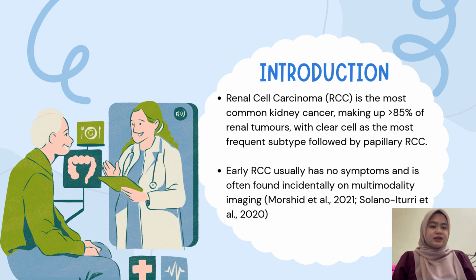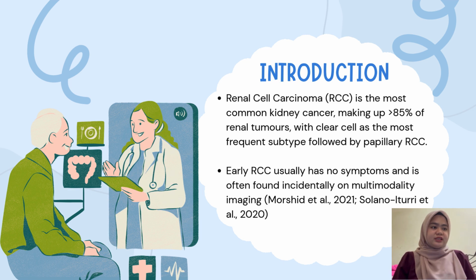Okay, next we go to introduction. What is renal cell carcinoma? Renal cell carcinoma is commonly known as RCC. It is the most common primary malignancy of the kidney, accounting for more than 85% of renal tumors. Among the subtypes, clear cell RCC is the most frequently encountered. It's followed by papillary RCC.